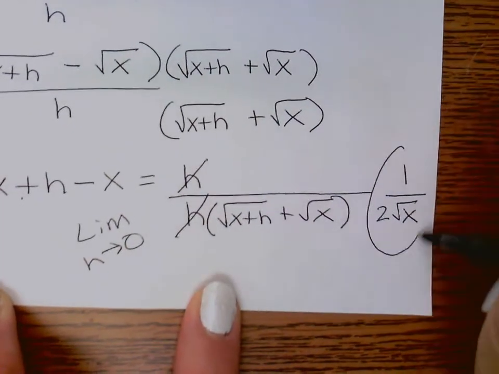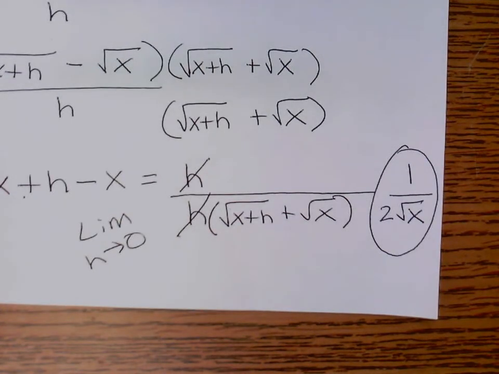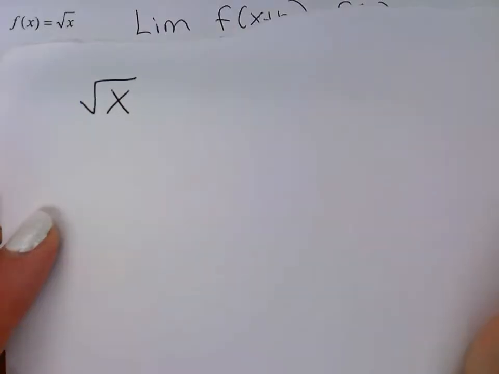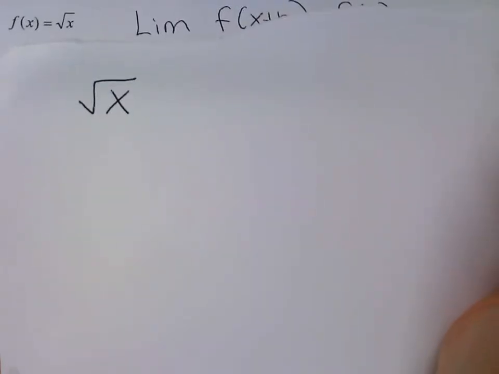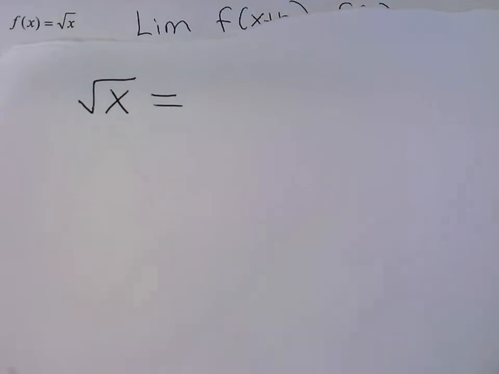They're telling me that this is my derivative by the definition of derivative. So let's see if we can prove that using the power rule that they come out the same. Are you with me on that part? So let's go back. How do I rewrite the square root of x as a fractional exponent? Good review of exponents. 1/2, right?